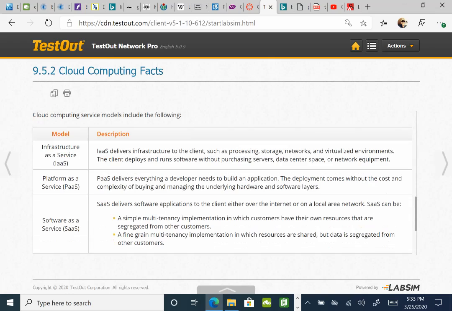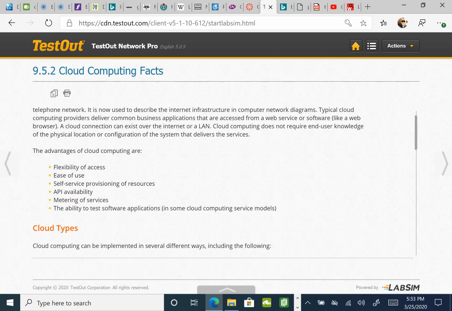But that's infrastructure as a service: clients, processing, storage, networks, virtualized components. Platform as a service is just, I want to deploy something and just give me the space to do it. And then software as a service is what we use all the time. It's like OneDrive, Word Online, Google Docs, Sheets. That's all software as a service.